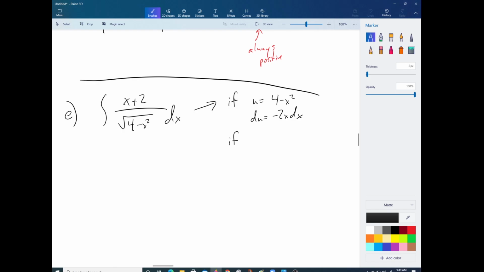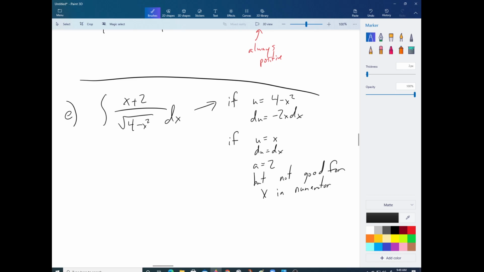If I use u equals x, which means my du is just my dx, and my a equals 2, to use the trig rules, I can see I'm set up for that, but that's not good for the x in the numerator, aka up top.